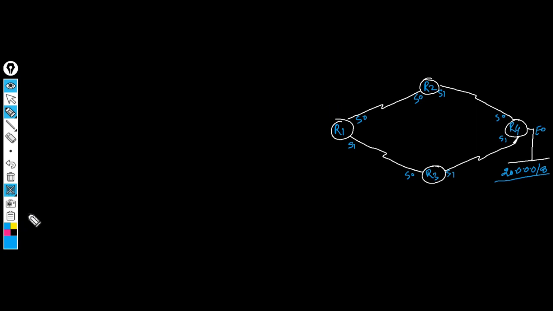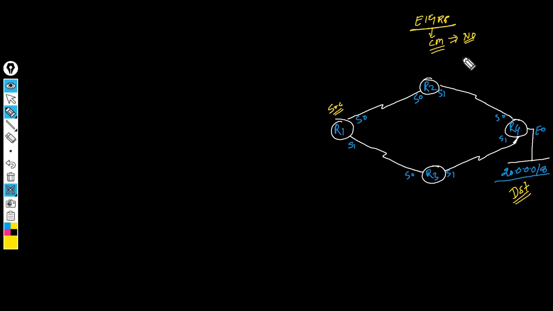If you remember, in EIGRP we discussed that EIGRP uses something known as a composite metric, which is the output of some calculation and is some kind of number.